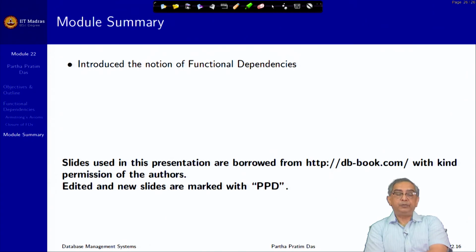So, in this module we have formulated the basic notion of functional dependencies and how it helps capture the real world constraints, the business rules that must exist, and it is now giving us a formal language of mathematics on the relational algebra to talk about these constraints, to reason about them, and to use them in the design.